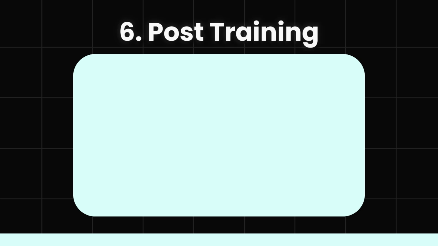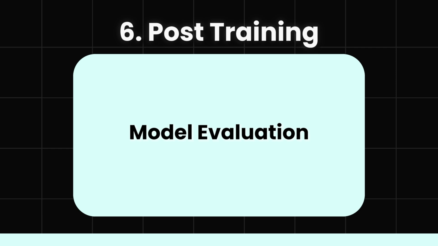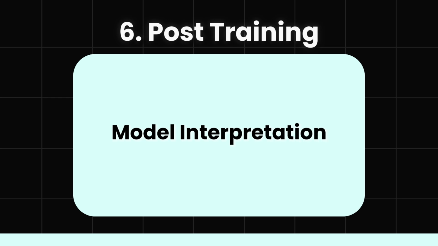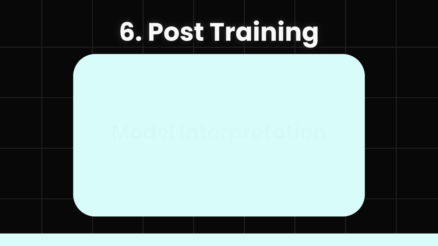Then now we come into the post-training, whereby there is model evaluation. Here you evaluate the model on the test set to assess its performance. There is the error analysis, where you analyze errors to understand the model's weaknesses. There's model interpretation, where you use techniques such as SHAP or LIME to interpret the model decisions.